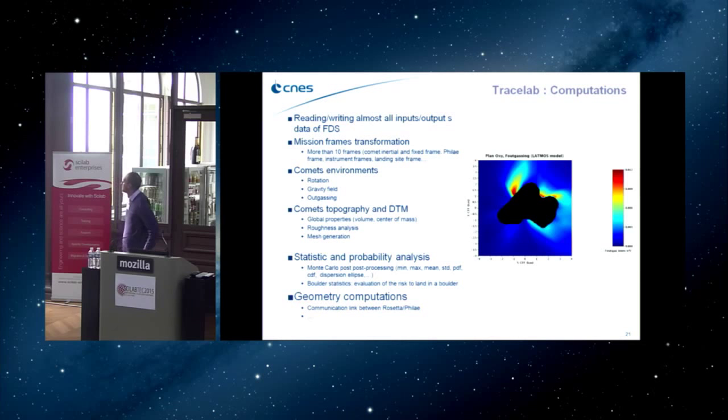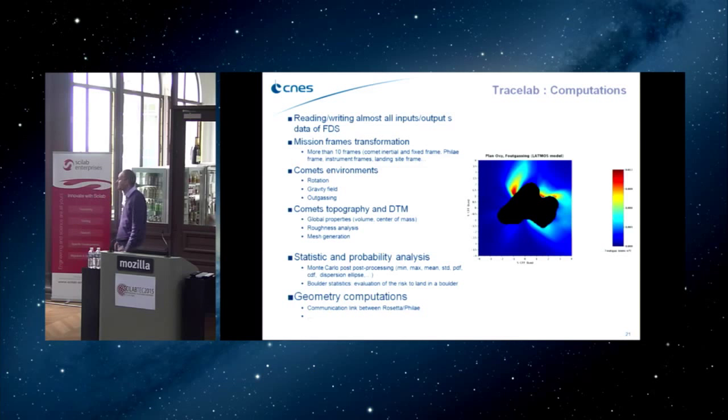We also have to derive the risk, the probability, to land in a place free of boulders. When we see close views of the surface of the comet, there are rocks everywhere, and so we have to compute the probability to not land on a boulder.